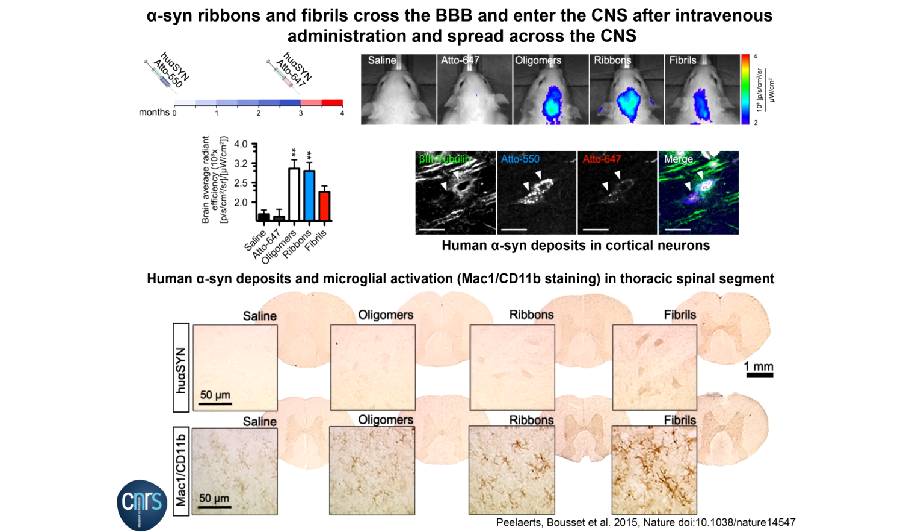And if you look at inflammation, you can see that there is mostly inflammation in the thoracic spinal segment with ribbons and fibrils, and mostly with fibrils.